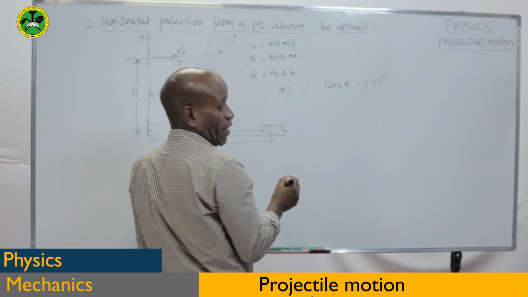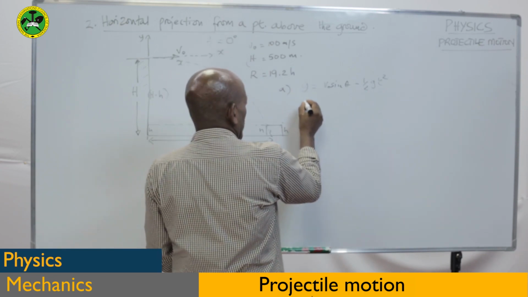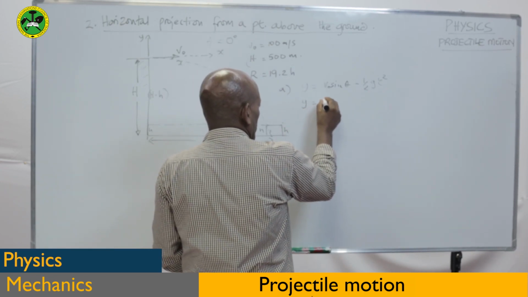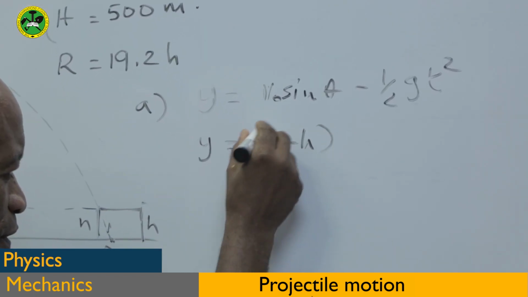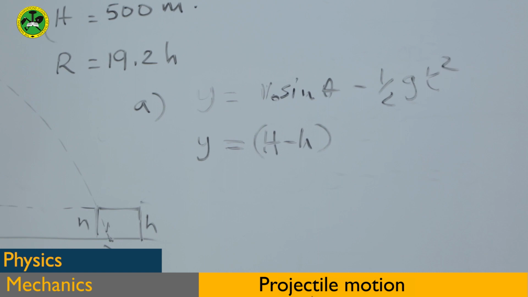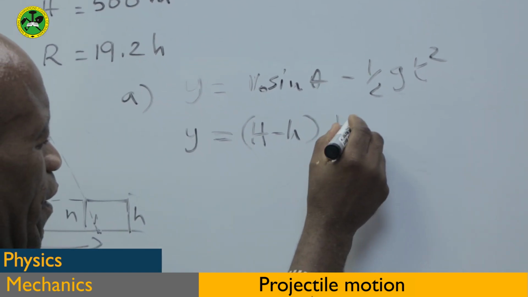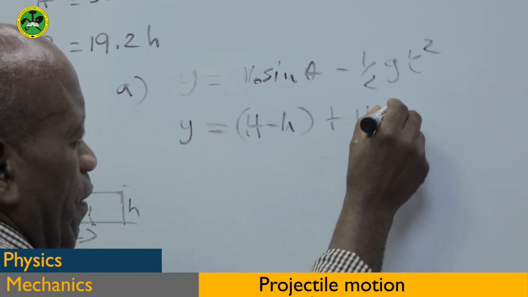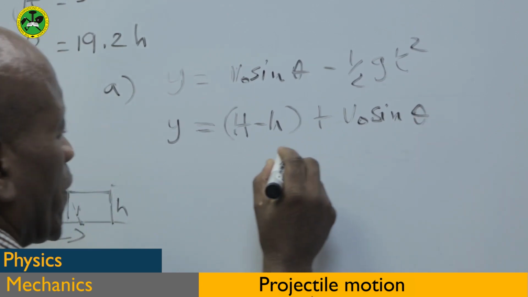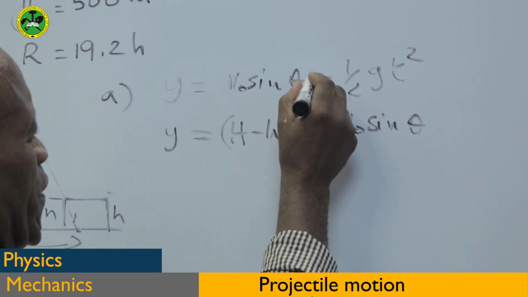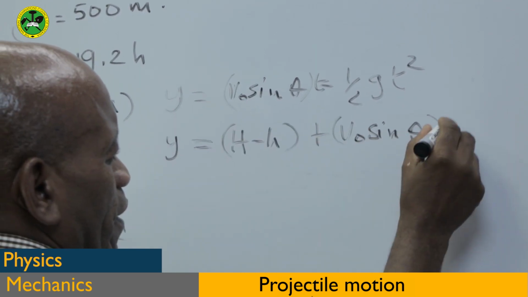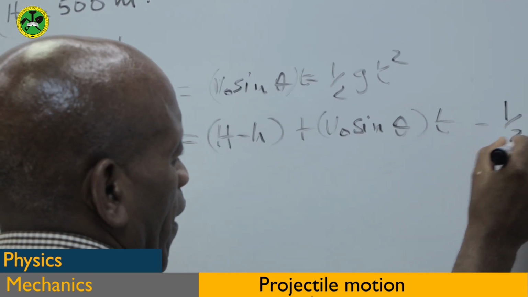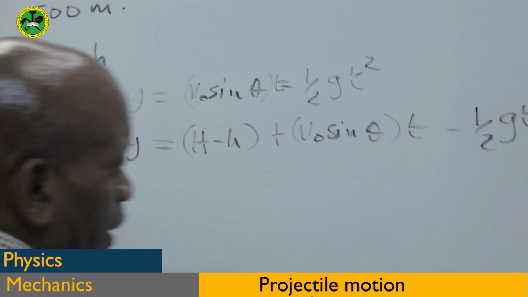But in our case here, we'll be using y equal to capital H minus small h, this particular altitude, plus v naught sine theta times t minus a half times gt squared.